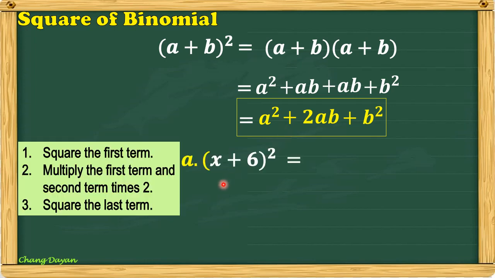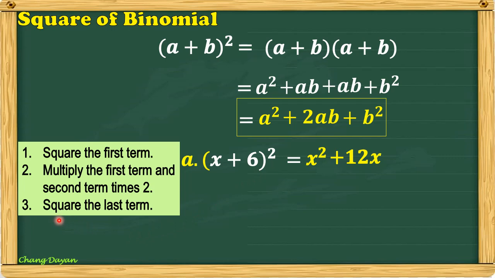For example, we have x plus 6 squared. The first thing to do is to square the first term, that is x squared. Then multiply the first term and second term times 2. So we have x times 6 times 2, and the product is positive 12x.